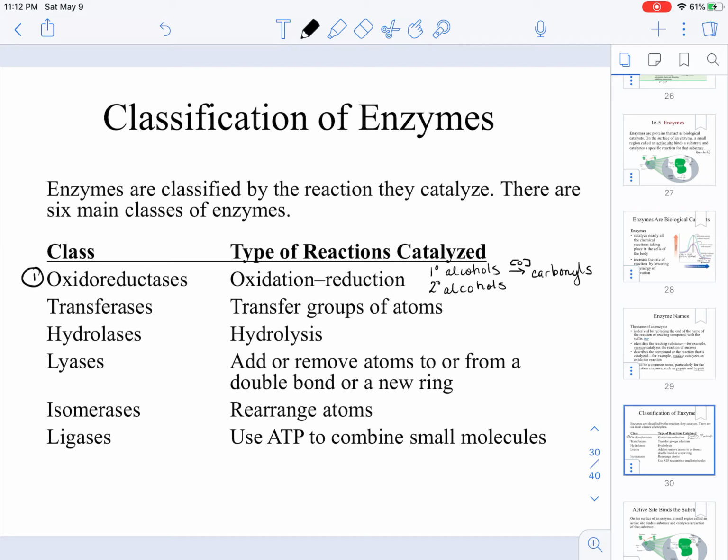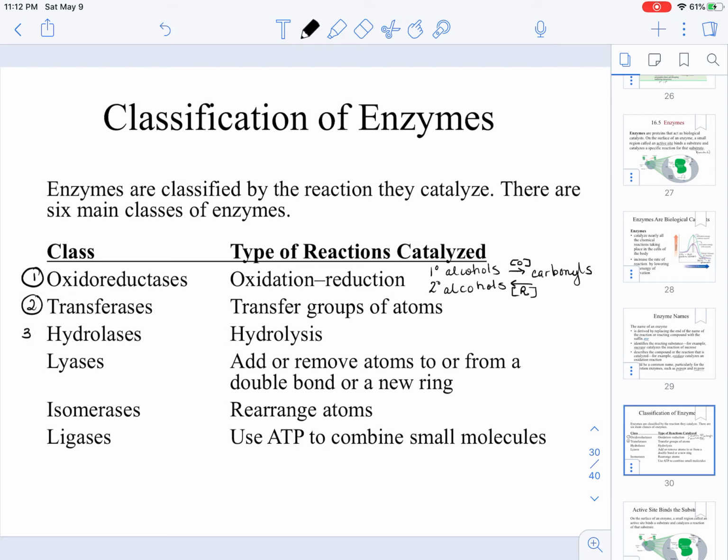Also, we learned about reduction reactions, meaning the opposite. You go from your carbonyl functionality back into the alcohols. That is called reduction, which I'm symbolizing here by a capital R. We also have enzymes that are called transferases. Transferases are going to be transferring groups of atoms, most of the time a functional group.